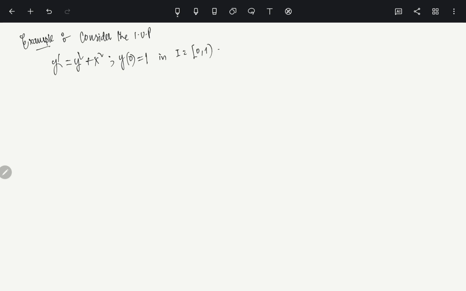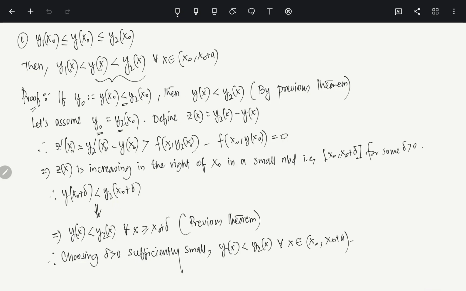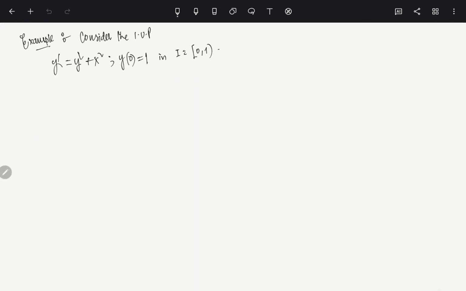Clear? Of course I can solve this, but without solving this equation, can we find a lower bound and an upper bound? Essentially we are looking for a lower bound and upper bound of a solution, and you can actually get it using this theorem. So how to get something like this?